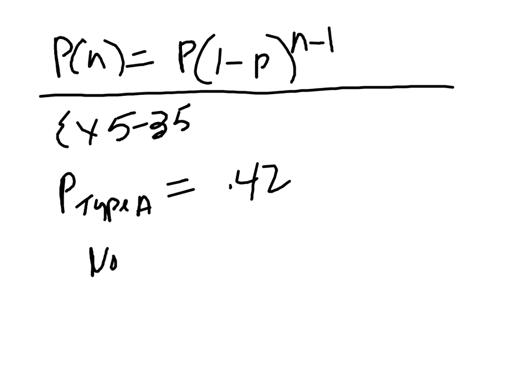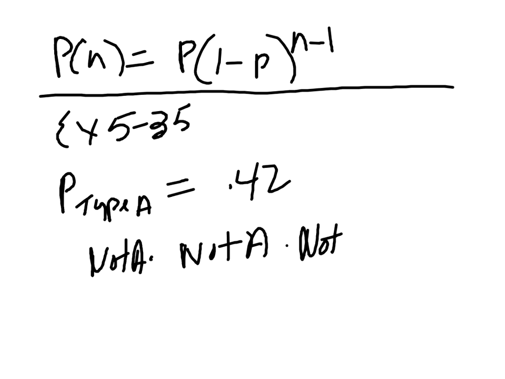I'm going to write not A times not A times not A. Here are the first 3 people, and then the fourth one would be A. And this is, remember, the intuitive way. And if we have multiple events, we multiply them together, you may recall, to get the probability.